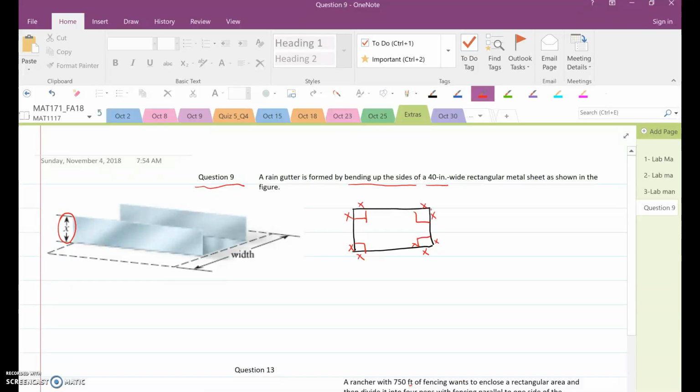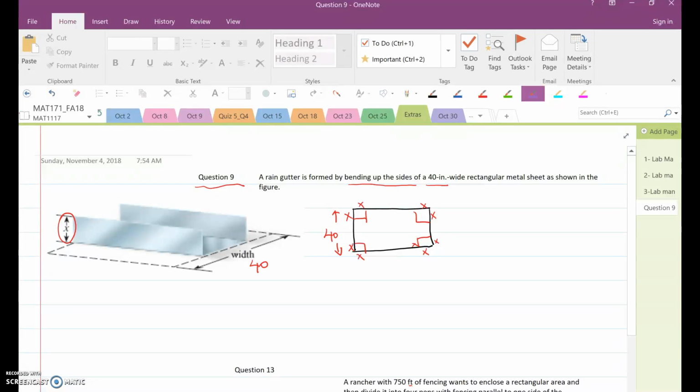All right. So then 40-inch wide. So this was 40 here in the picture. So it was 40 here, with the X, two X's. Those two X's included.